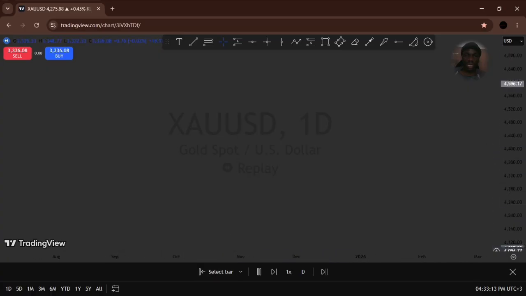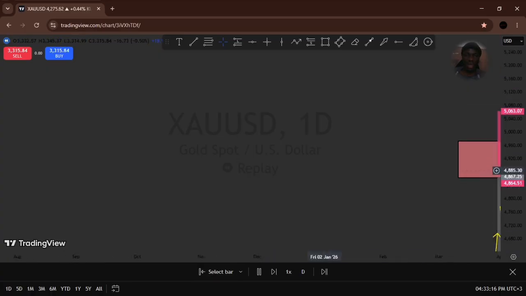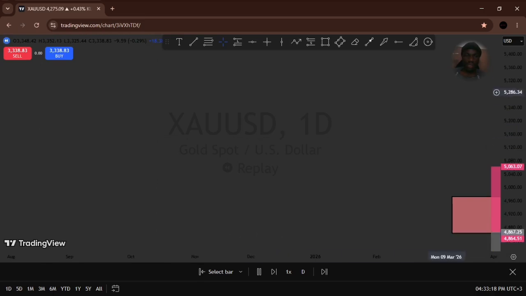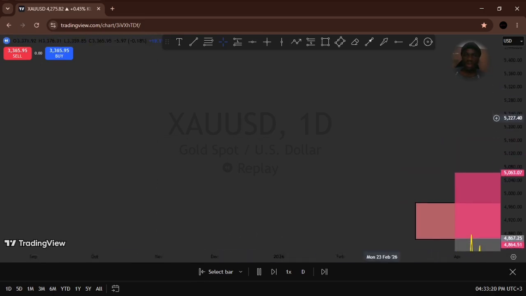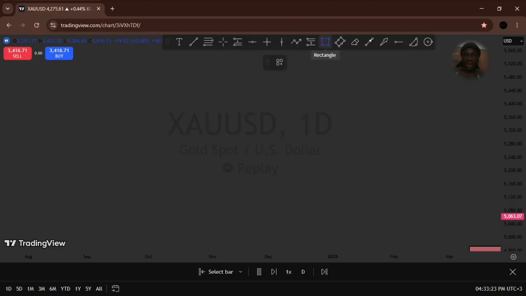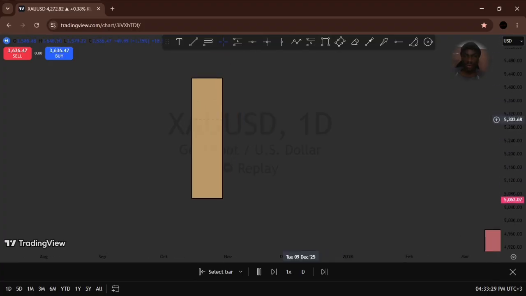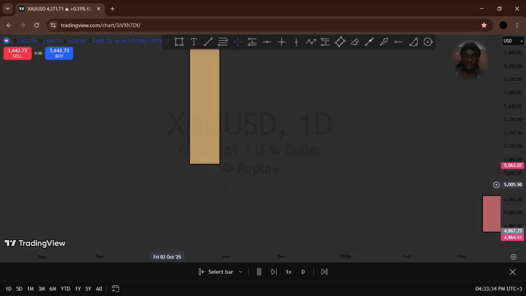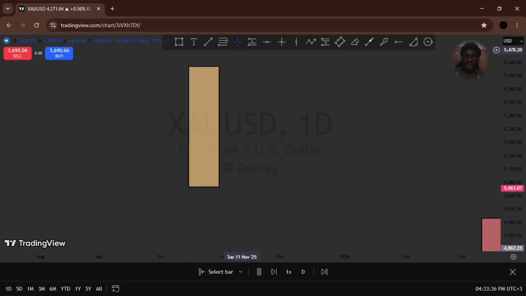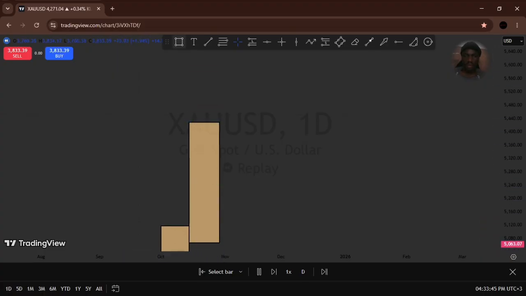So in summary, we have talked about the bullish fair value gap. Bullish fair value gaps form like this. How do they form? That's the most important thing. Bullish fair value gaps are candle formations.